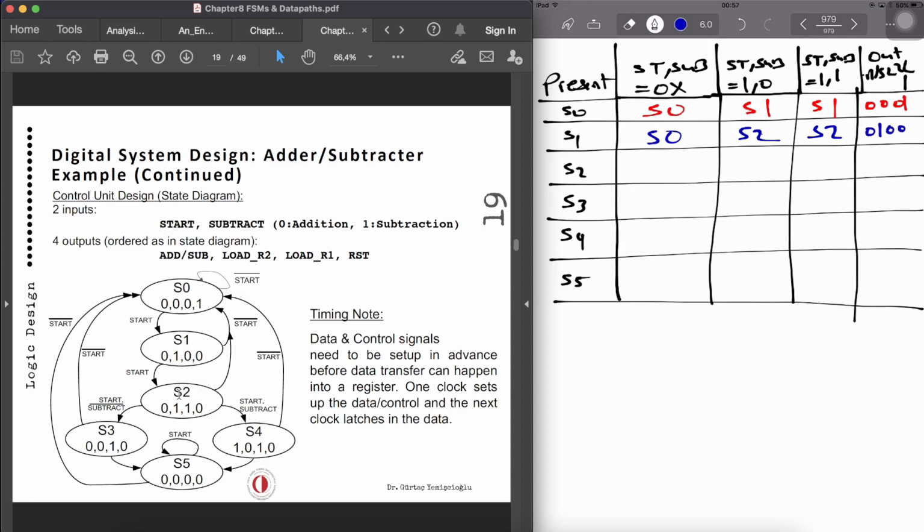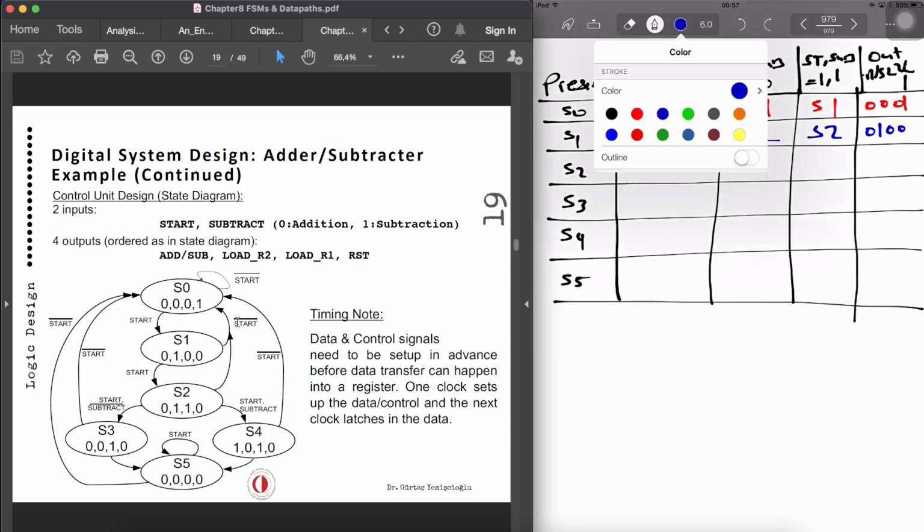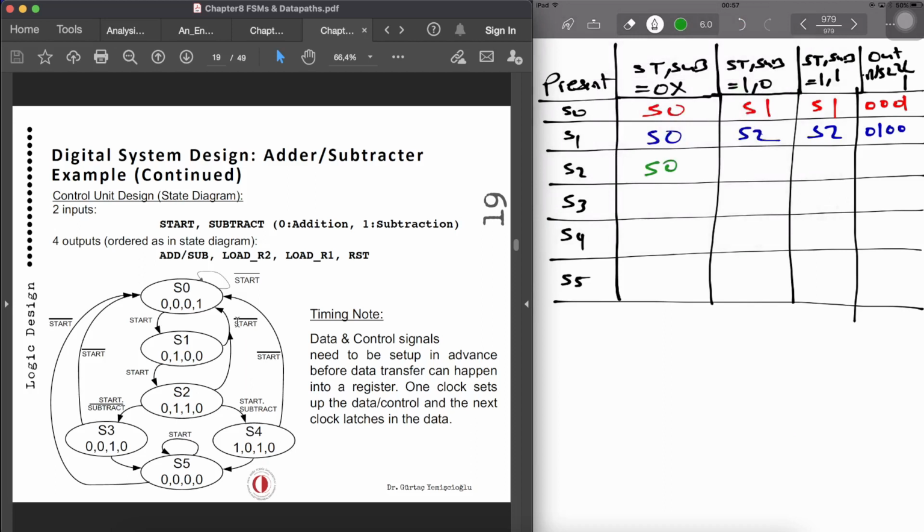Then, when we are in S2, if the start is deasserted, we go back to S0 again. When the start is asserted, we have two alternatives. Either subtract is 0, which goes to S3, or subtract is 1, which goes to S4. So we can have the output as 0110.